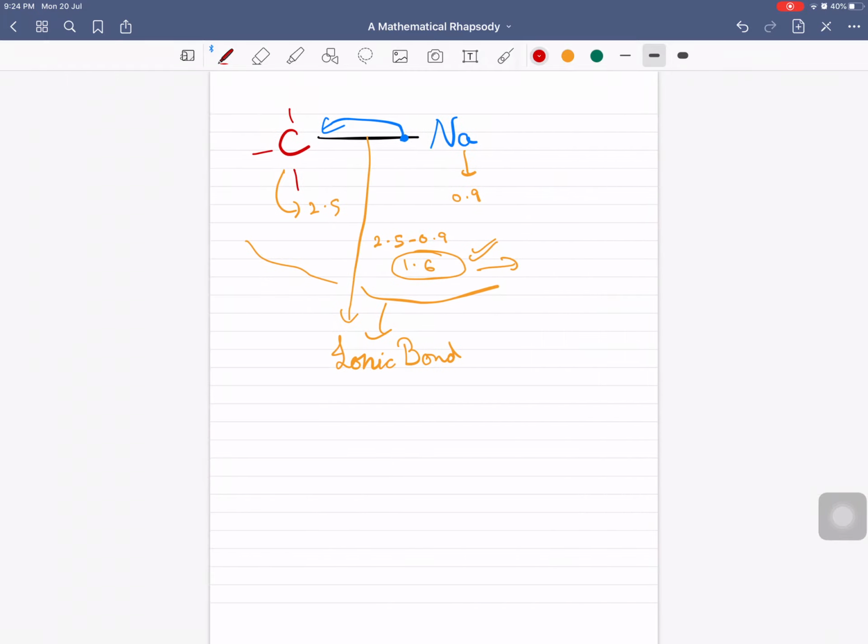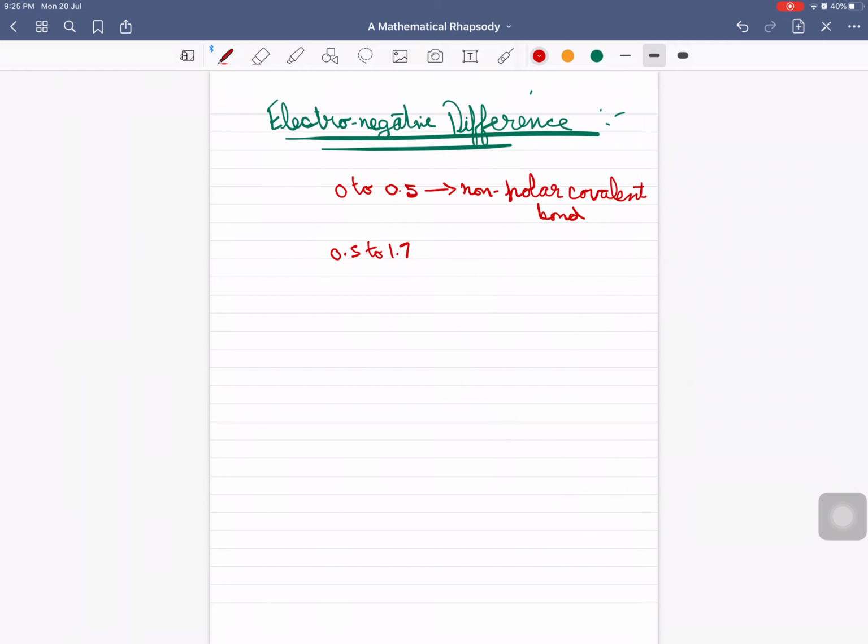Here we saw 1.6, but it's so close to 1.7 that we always consider it to be an ionic bond. Okay, this range will be a polar covalent bond.